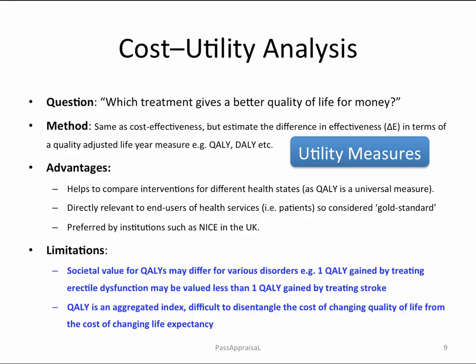QALY can change either due to a change in standard of living or survival. QALY is an aggregated index. It is not possible to disentangle the cost of changing quality of life from the cost of changing life expectancy when you use cost-utility analysis. This sometimes can be a problem. This problem can be addressed using cost consequences analysis.